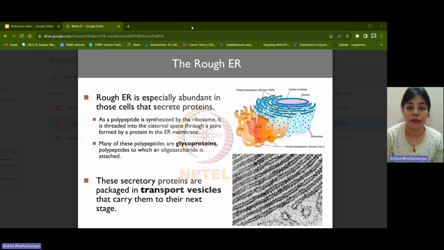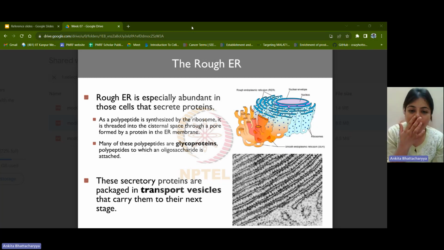And many of these polypeptides are actually glycoproteins. When we say glycoproteins, it basically means proteins that are carrying some sort of glycosylation. The process of glycosylation is a detailed process, and that is another major function of the endoplasmic reticulum as well.